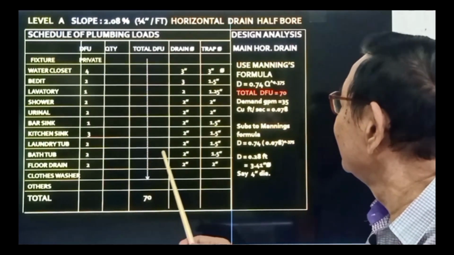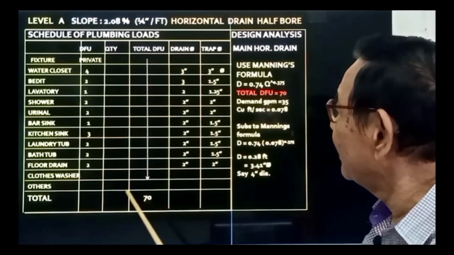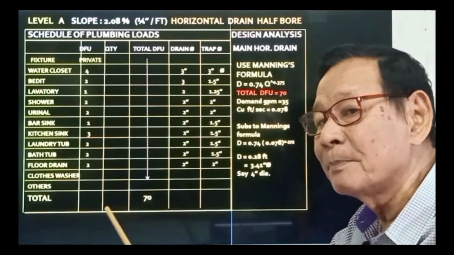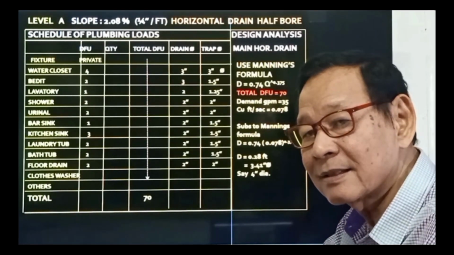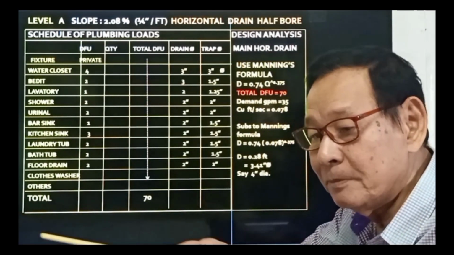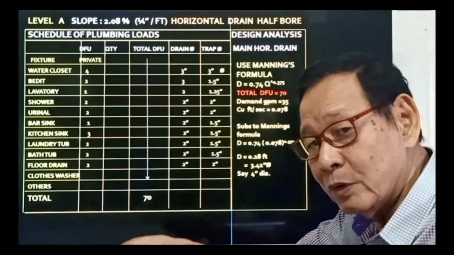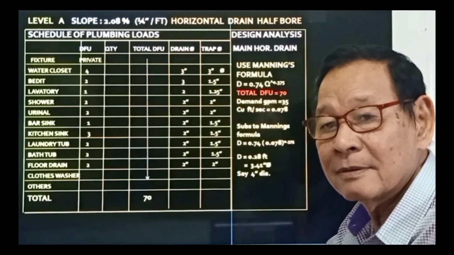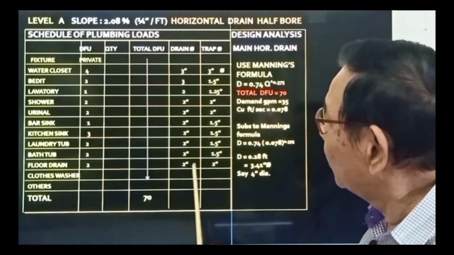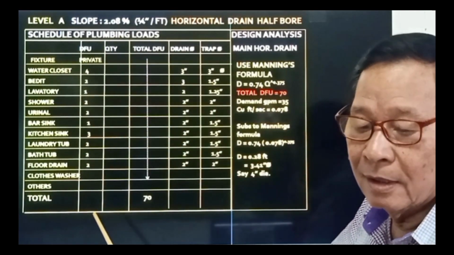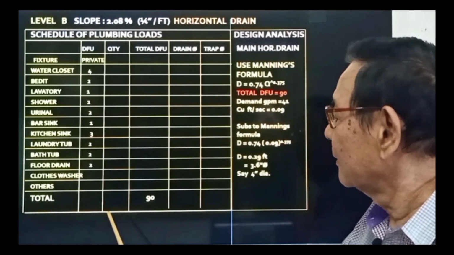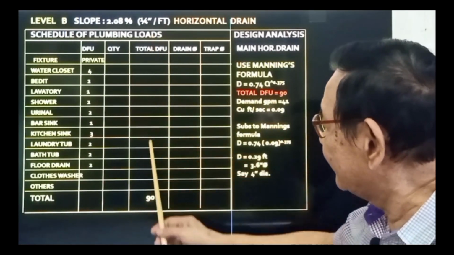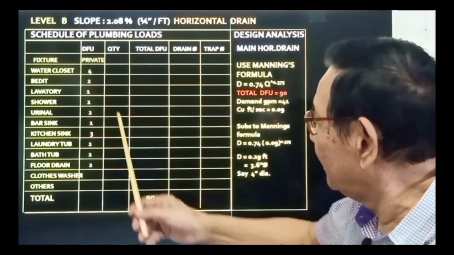Now, sometimes you can say that the area is predominantly flush tank, so you use the equivalent for flush tank. If it is predominantly flush valves, you use the equivalent of flush valves. So you have to have a schedule of plumbing loads. The total DFU for level B is 90.